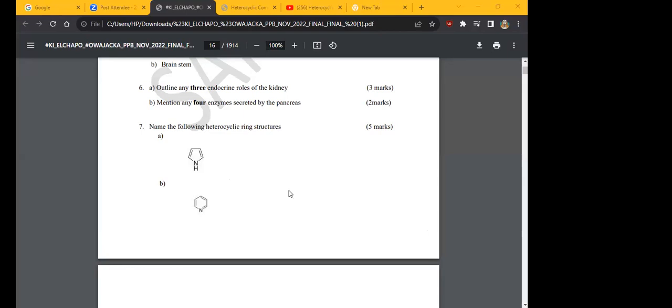So we have structure A, a 5-membered ring. We see it's unsaturated with nitrogen. I believe most of us know the common name for this one, so this one is going to be easy.